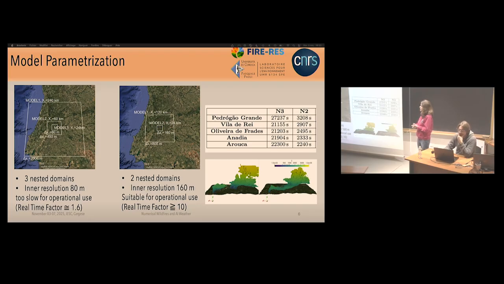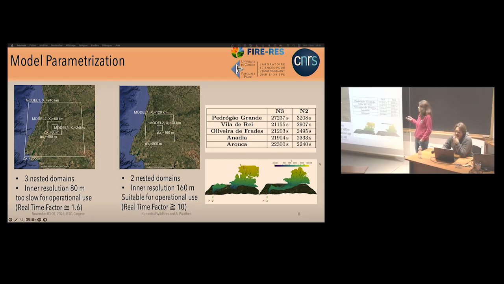So in our case studies that we showed, for instance the pyroconvective cloud in Portugal, but also the work that Alberto showed this morning, we used this three nested configuration where the innermost domain was at 80 meters resolution.